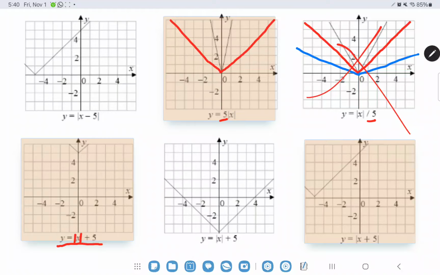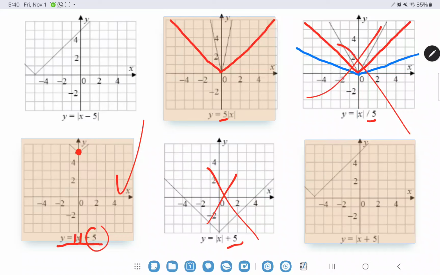The 5 is the k, so you're adding it in altitude. It's going 5 up. Since it's going 5 up, we need to see which one has its vertex at 5. That's it. This one has its vertex at 5. Here it has its vertex at negative 5. So that's wrong. We need it at positive 5 if you're adding 5.